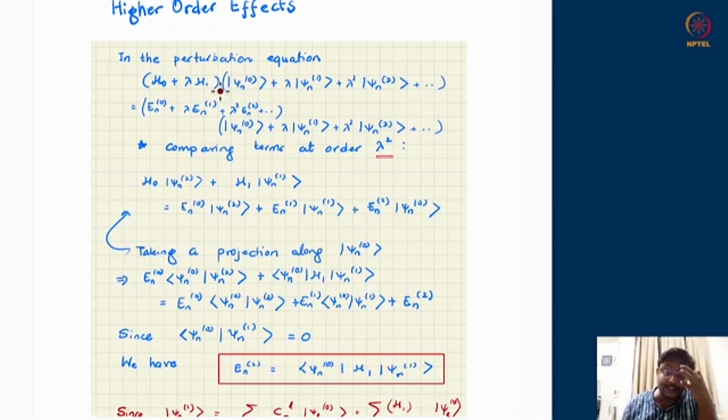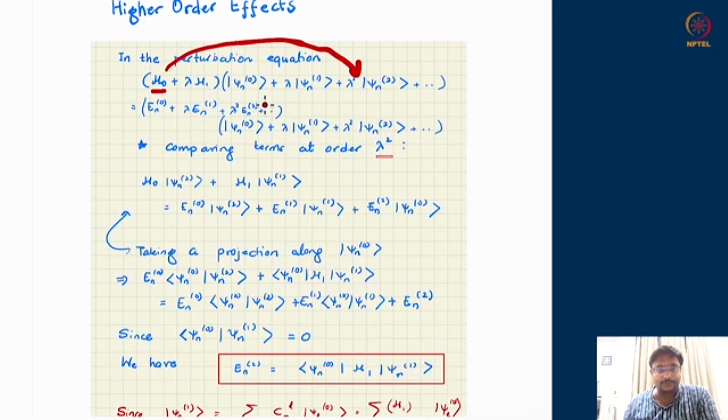So the order lambda square term in the left hand side can come about in the following ways. If H naught hits the order lambda square term over here, then I will get an order lambda square term. That is one potential possibility, which is H naught hitting psi n2.